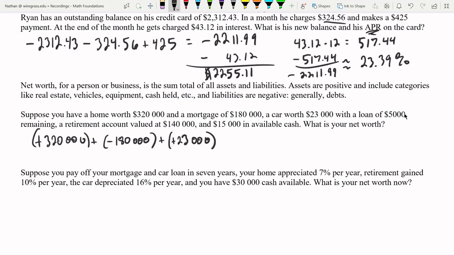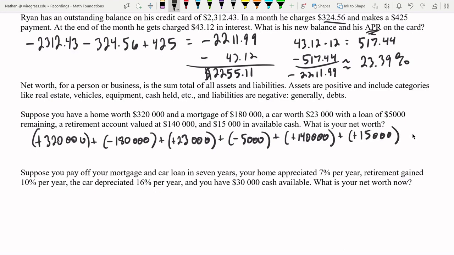And a loan on the car that remains, going to be a negative $5,000. A retirement account that's evaluated at $140,000. And then we have $15,000 in cash, like in a checking account and savings account.